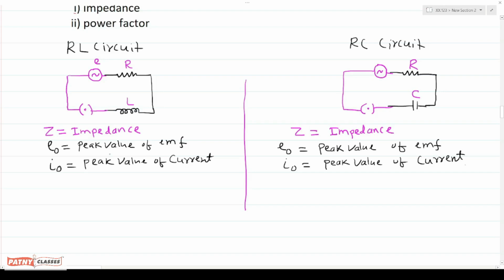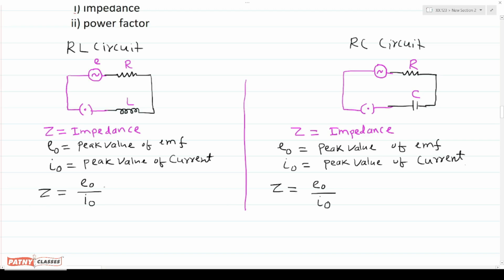Let E naught be the peak value of EMF and I naught the peak value of current in both cases. Now impedance is given by Z equals E naught upon I naught, in the same way in case of RC circuit.